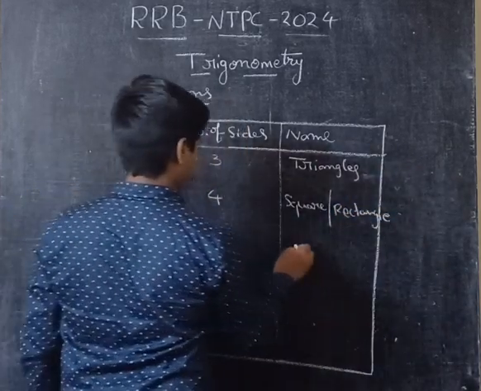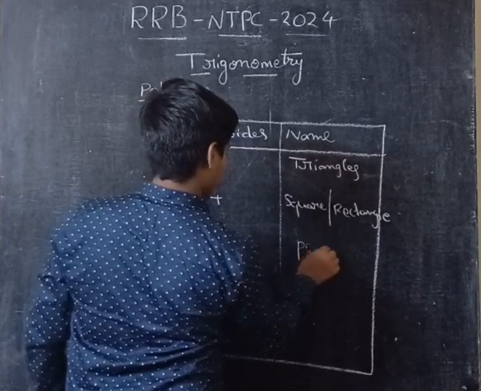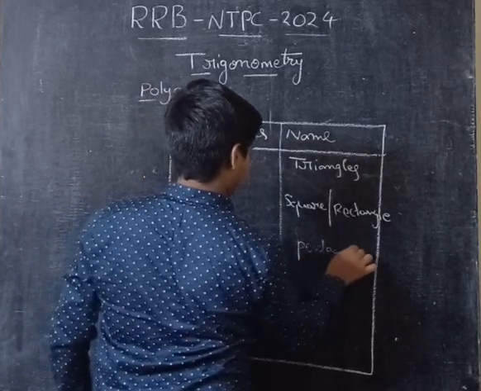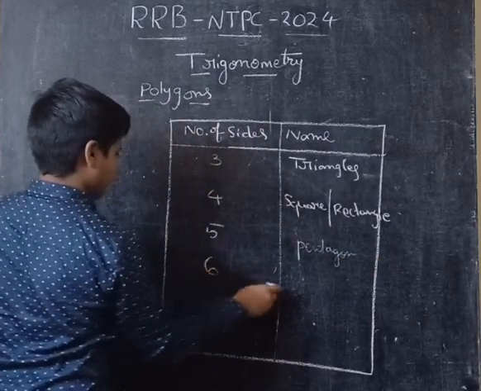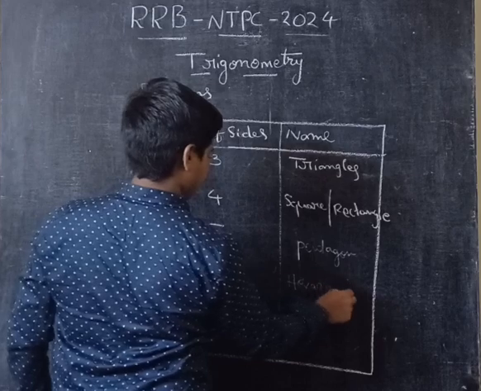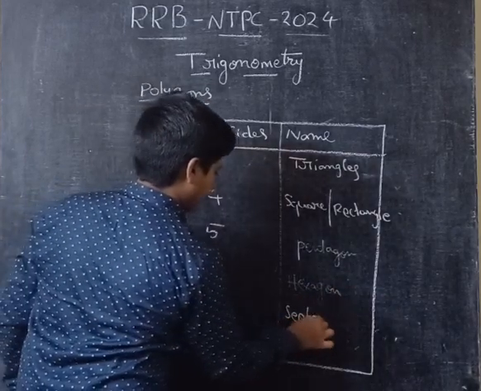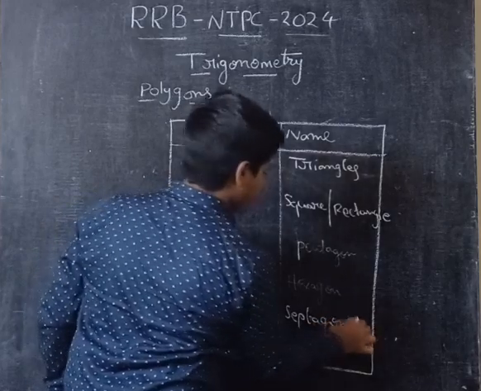Five sides, pentagon. Six sides, hexagon. Seven sides, septagon. So these are enough.